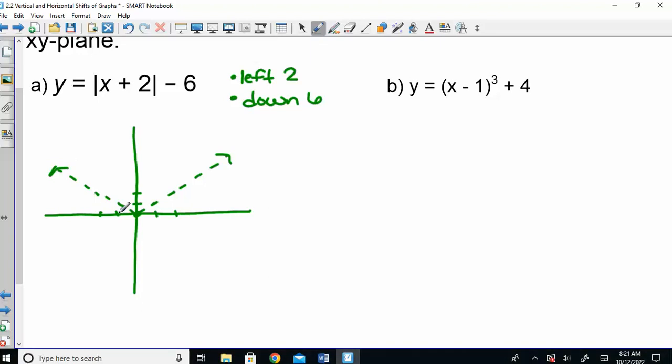Alright, so then we have to move each of those left and down. So our final graph looks like that.